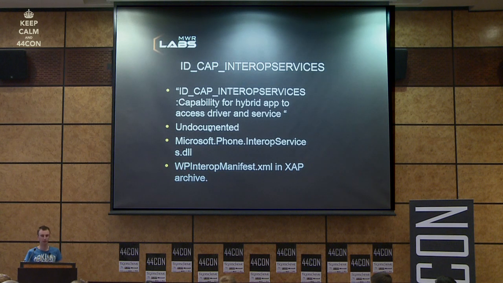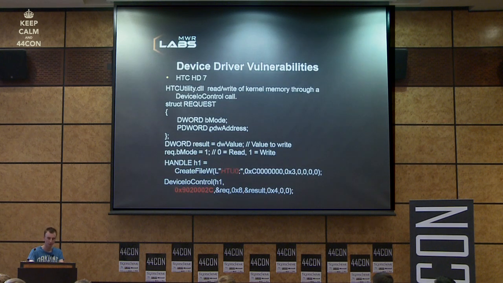So at this point, I was looking at ways of doing privilege escalation. As I spoke about, the interop services capability is undocumented, but you can access it using reflection. So you can instantiate the binaries on the phone. You can do that by adding this WP interop manifest, and then that gives you access to the COM interop capability. So I audited the device drivers as well for an HTC phone.